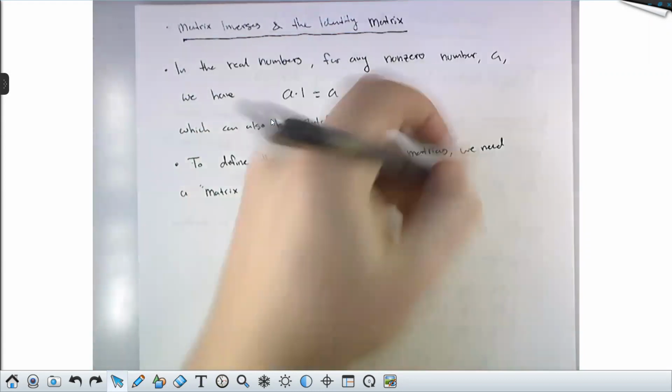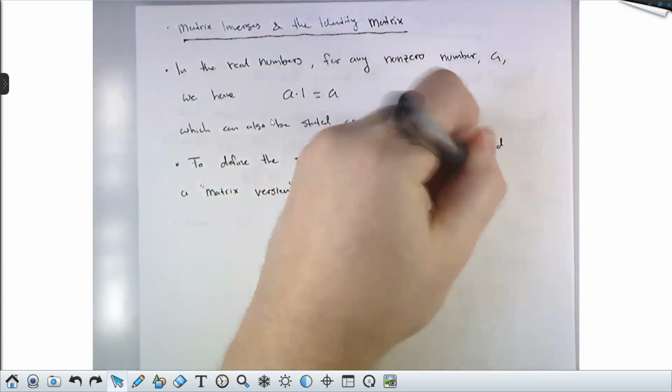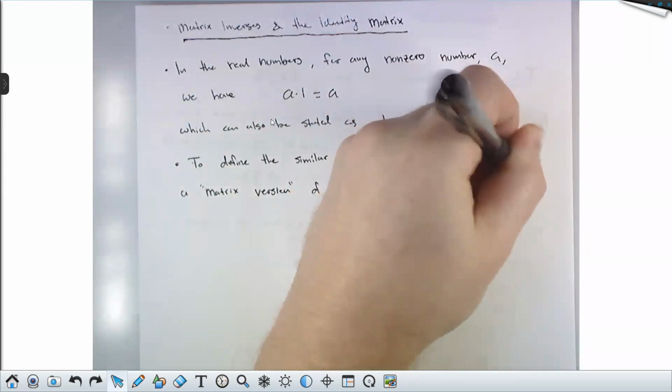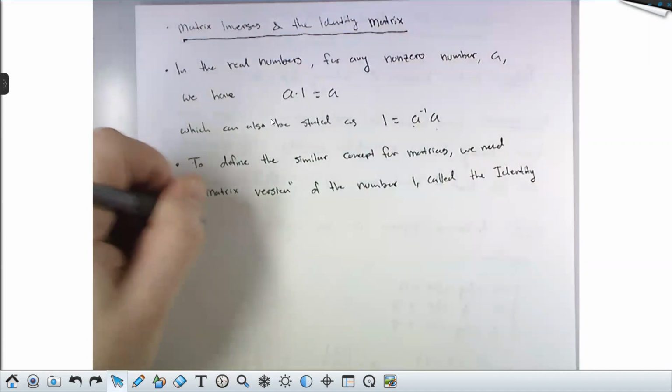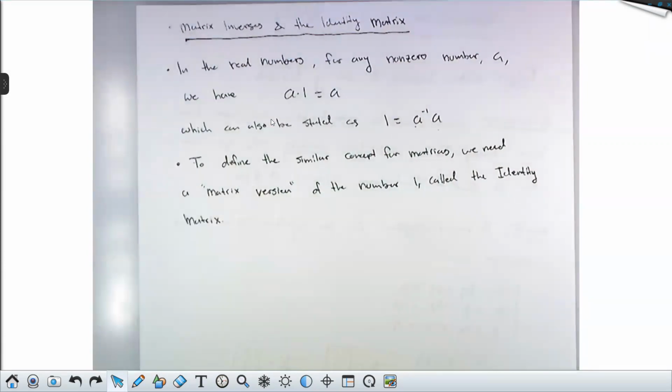And this is called the identity matrix. The identity matrix should have this same sort of property, that if you multiply any matrix A by the identity, you get A back.